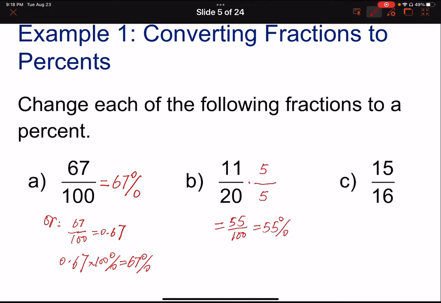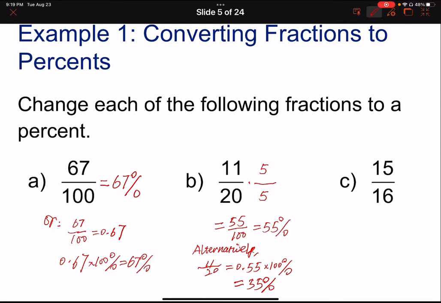So that's a quick way to find the percent representation of 11 over 20. Of course, you can also alternatively find 11 over 20 equals 0.55, and then you multiply 0.55 by 100%, and that gives you 55%. That's another way to do it.